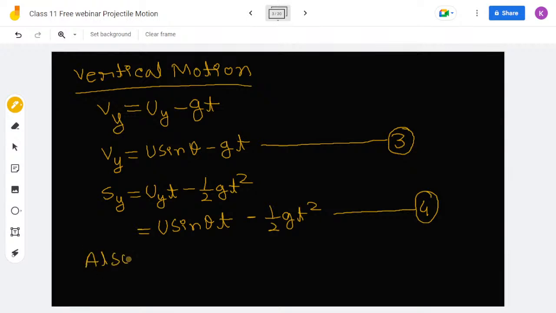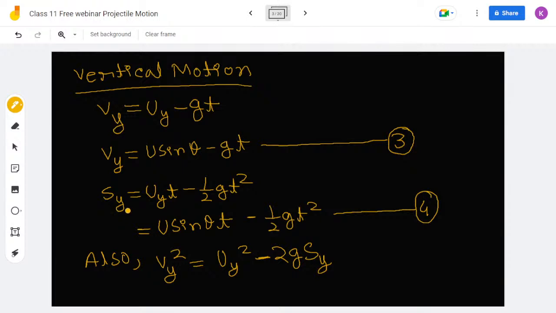Also, we get here the third equation of motion, that is vy square equal to uy square minus 2g s suffix y. Okay, now here this s suffix y means the distance in y direction.